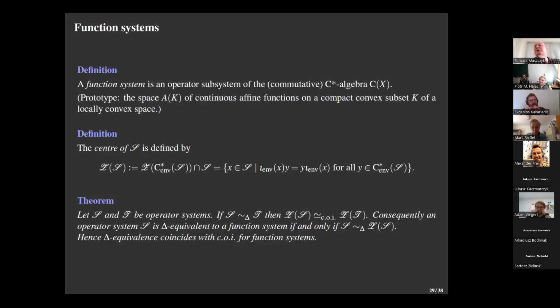But my question was about the biggest class, maybe beyond function systems, restricted to which the Morita equivalence is an isomorphism. It would be an analog of commutative C*-algebras. So they could be, let's say, commutative operator systems, in quotation marks.